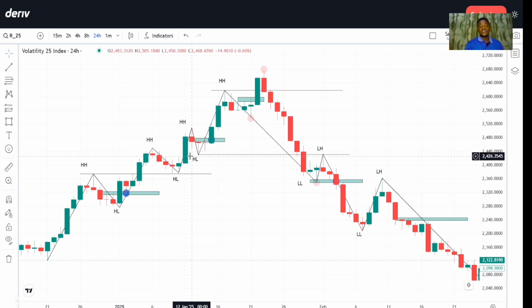From this 24 hours time frame, which is the higher time frame, we will need a lower time frame to use. So I'll be making use of 4 hours as a lower time frame. In that lower time frame, we might have a mini trend and we also have a support and resistance that we can use with this 24 hours structure.